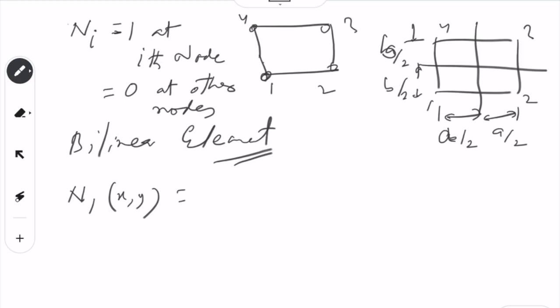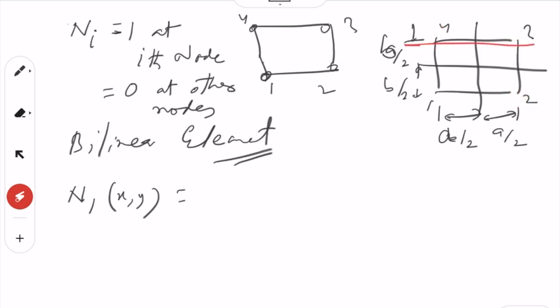All other places this is going to be 0. So, roots are at these, and how will you find out? We can think of 2 lines. On this line everything will be 0, and on this line everything will be 0. So, all the 3 nodes are taken care of.